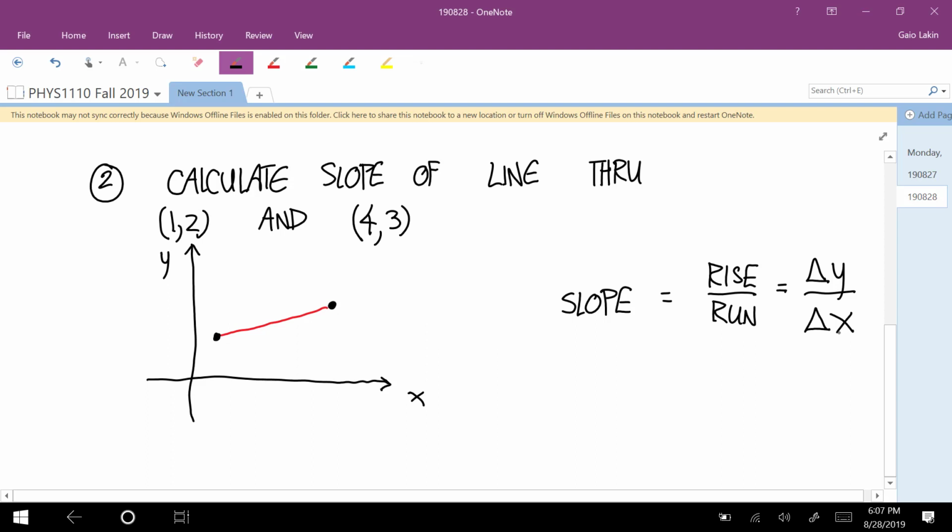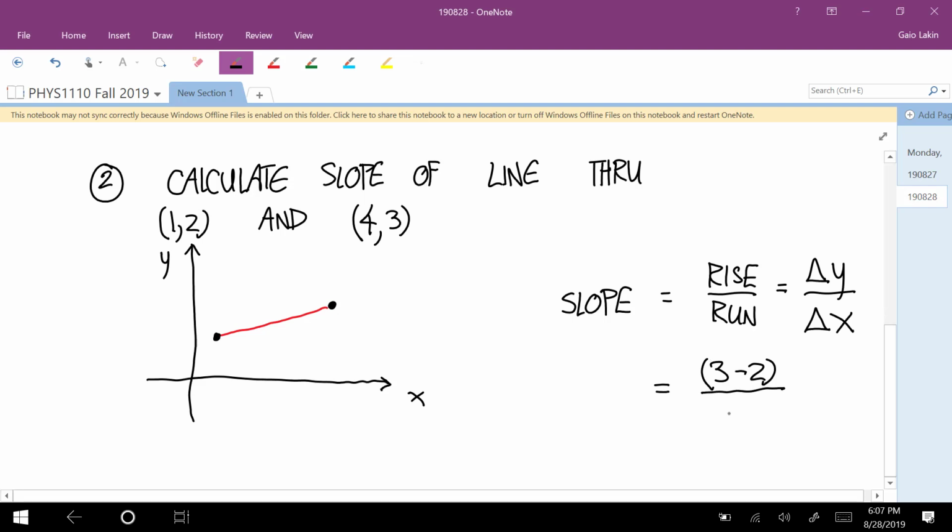So the change in y, it starts out with a y value of 2 and ends with a y value of 3. So the difference, the change, is 3 minus 2. And then the change in the x value, x starts at 1 and ends at 4.